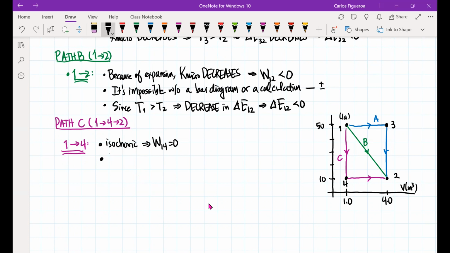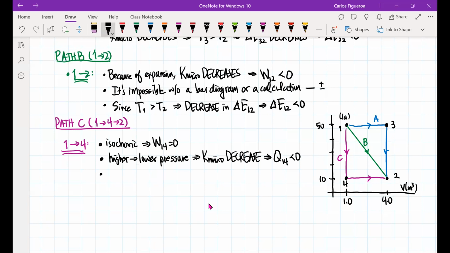So now again, I'm going from a higher to a lower pressure. So that means here is that I have to decrease. So K micro has to decrease. And the only way we can decrease it here is that if I take heat out of the system. So that's got to be negative.